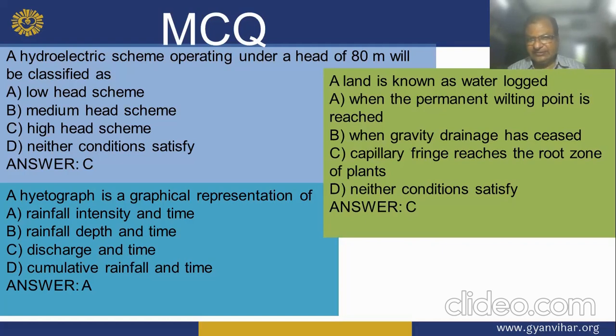What is the correct answer? The correct answer is C. The capillary fringe reaches the root zone of plants.